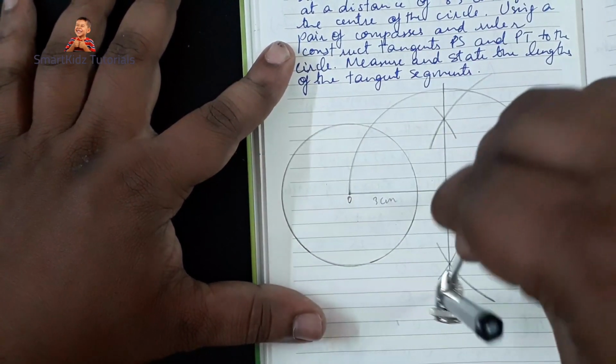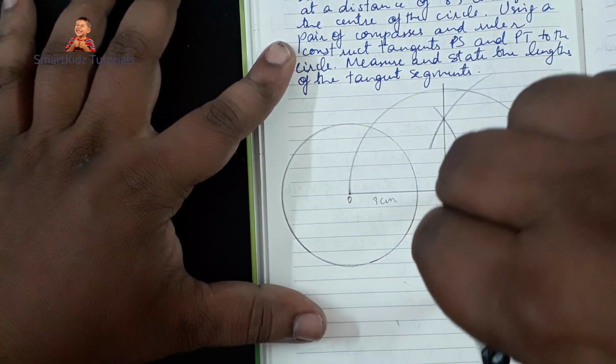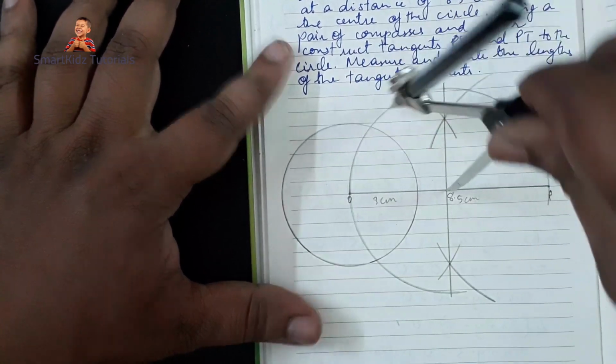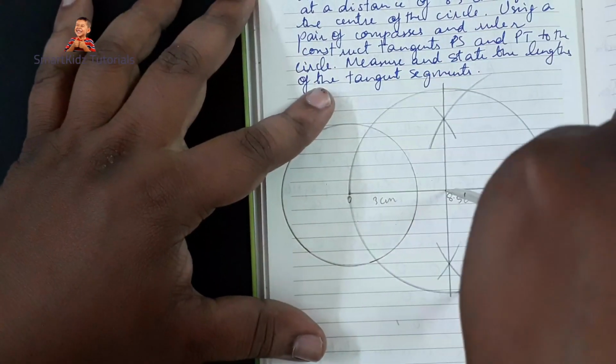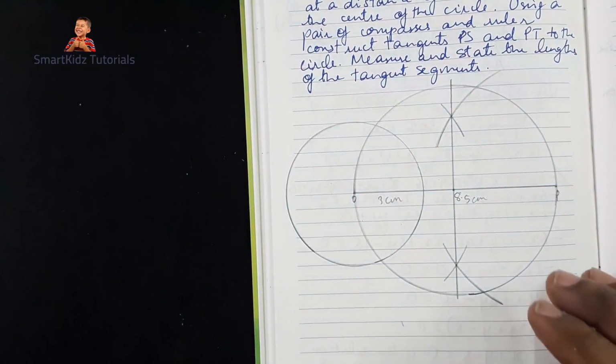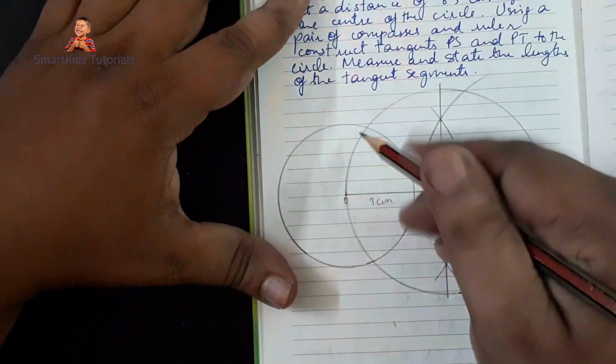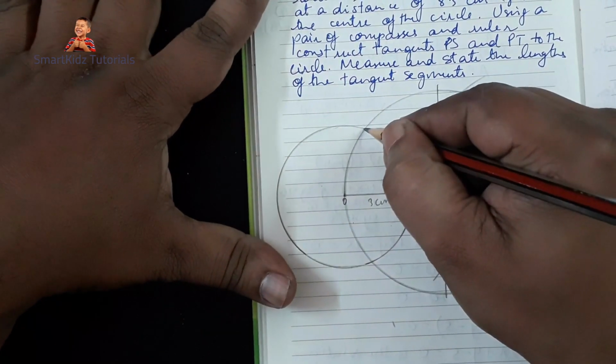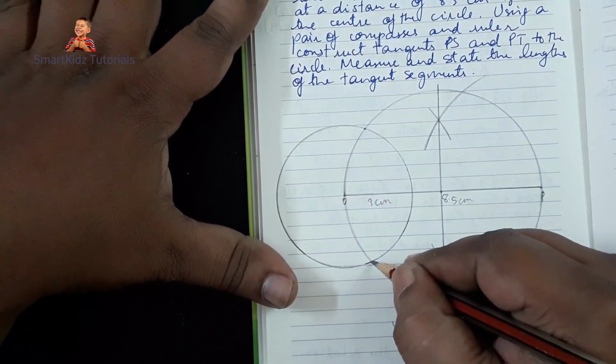So you draw like this to complete this circle, and our circle is now complete. Now where this big circle intersects this small circle, mark this point, this one, here and here.